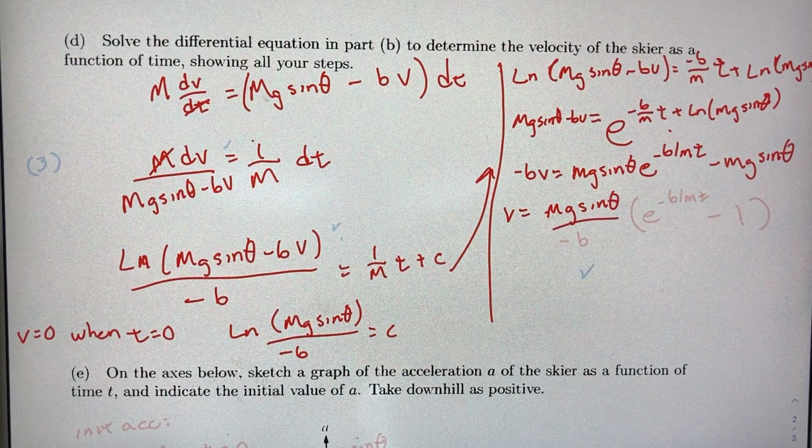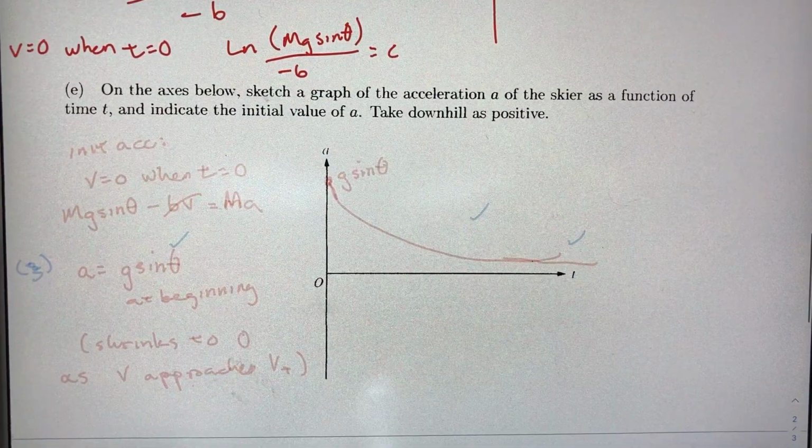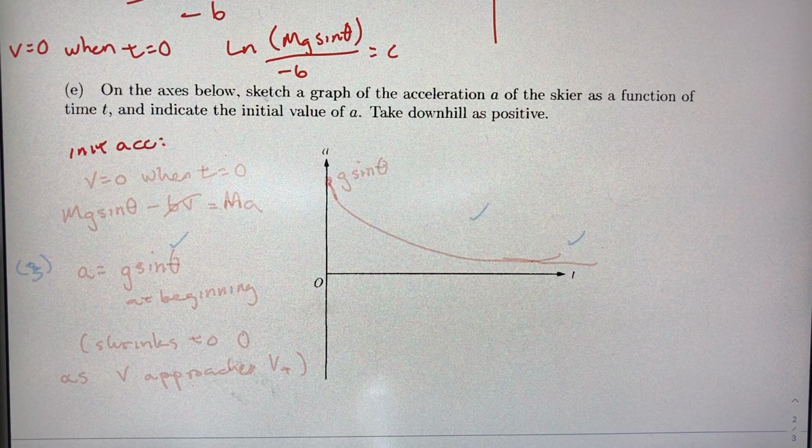See a common factor of mg sine theta, so I'll do that. I'm dividing by negative b. So. Okay. Yeah. All right. So what is the initial acceleration? No calculus.